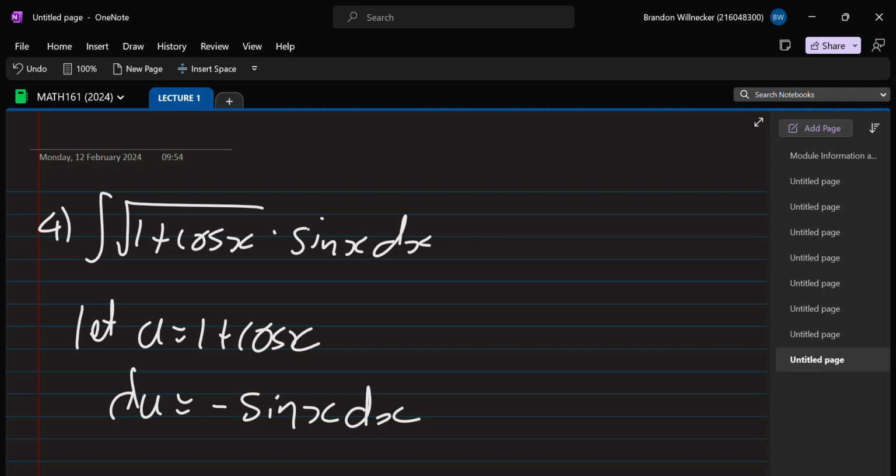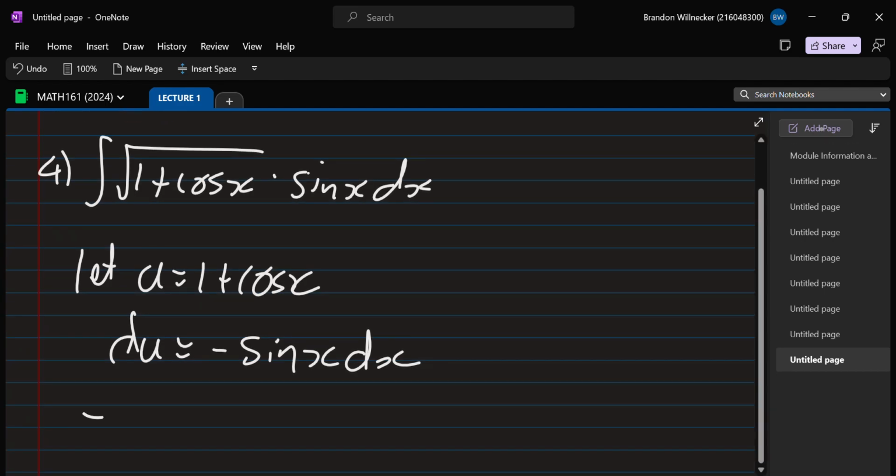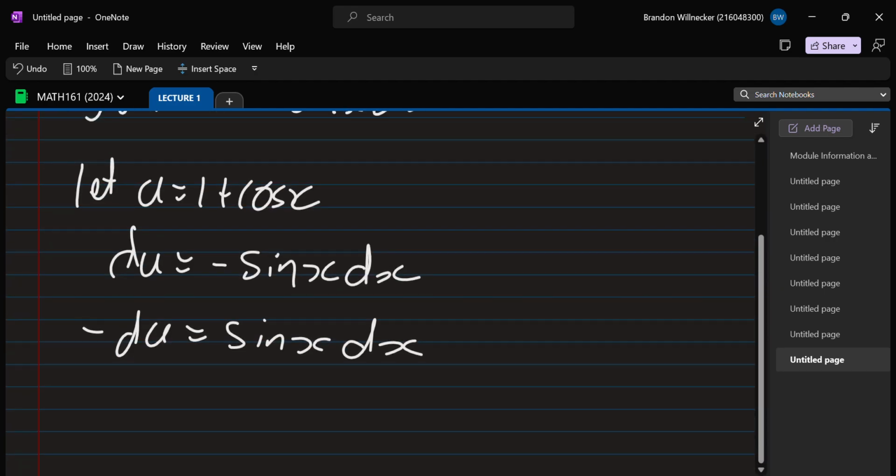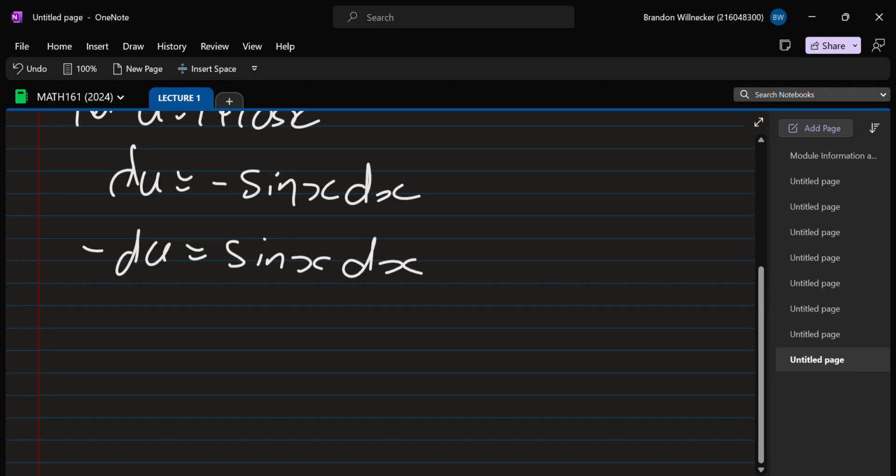Here we've got minus sine, so we need to put the minus on the other side there. If you made a mistake and just wrote sine, you wouldn't have that minus sign carrying through. That makes more problems later on. So here it's in fact minus du is sine x dx. I'll show you now, that minus carries on later. If you don't have the minus there, it causes some more problems down the line.